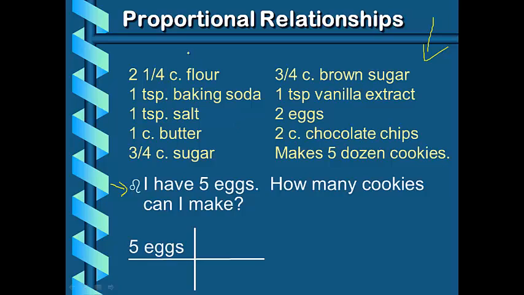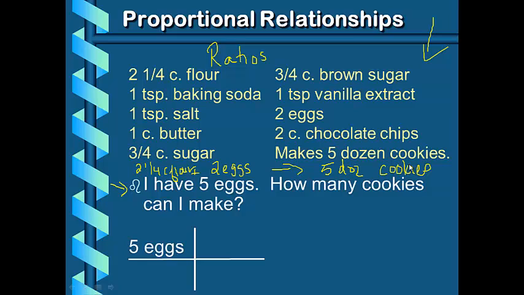And we're going to treat this recipe like a balanced chemical equation, and then it's going to give us ratios. So for example, I would think of it as 2 eggs and all my other ingredients, 2 1/4 cup flour, but then my product is going to be 5 dozen cookies.